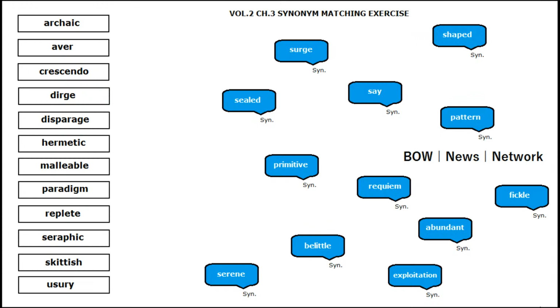We did talk extensively about the word usury, so most likely that's going to be exploitation. Skittish, and just a clue that was uncertain, and uncertain is sort of very close to the word fickle. And then we have malleable, and that is very closest to shaped. So that's just a few clues to this chapter synonym matching exercise.